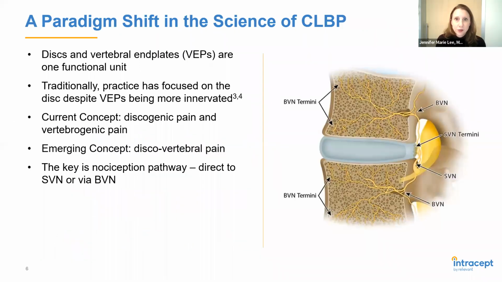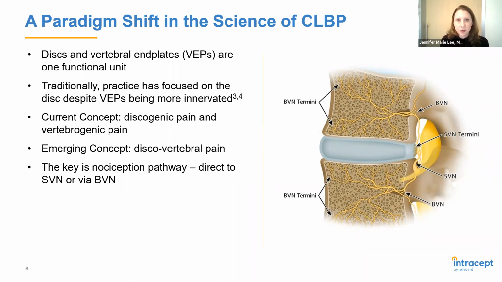As I alluded to in the beginning of this lecture, there's really been a revolution in the way that we think about pain from degenerative disc disease, which has been led by this procedure.